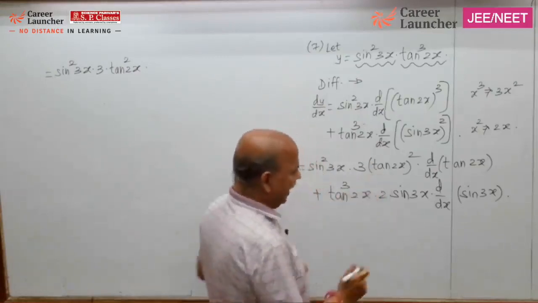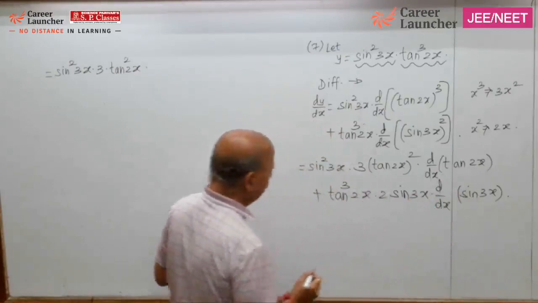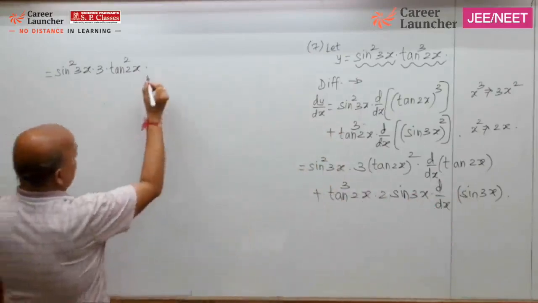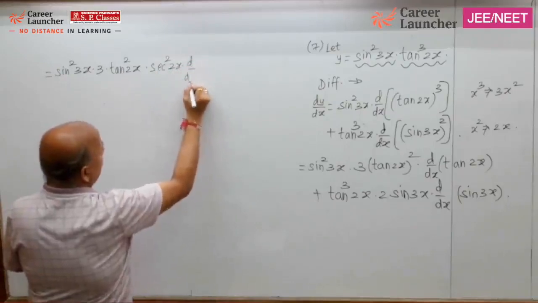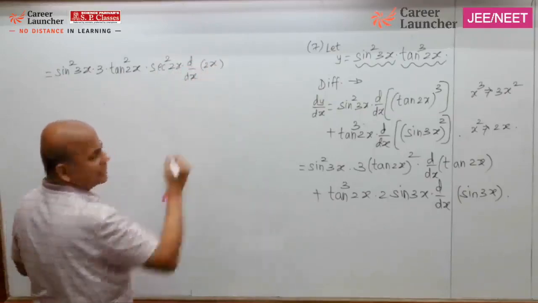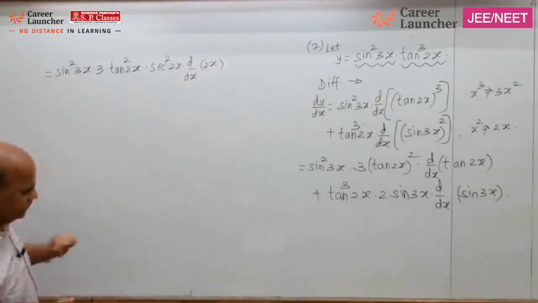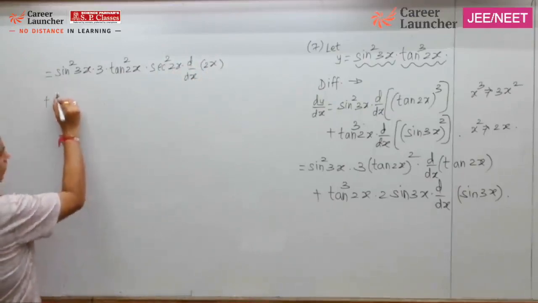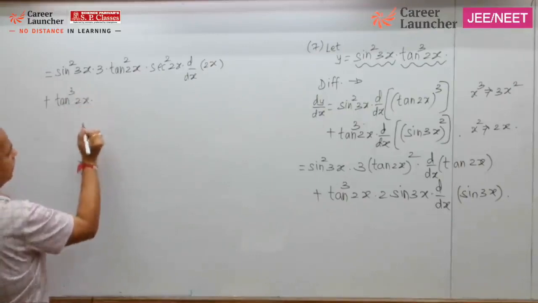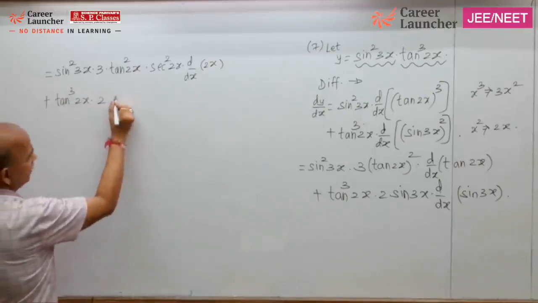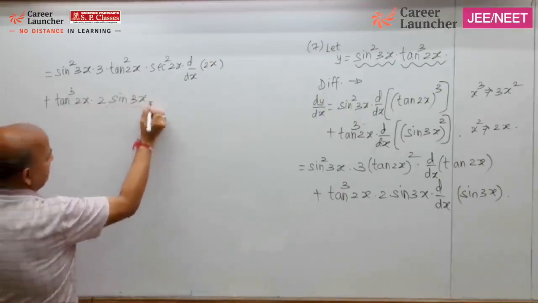So here what will we write? Sec square 2x into d by dx of 2x, correct? Plus tan cube 2x into 2 sin 3x as it is.